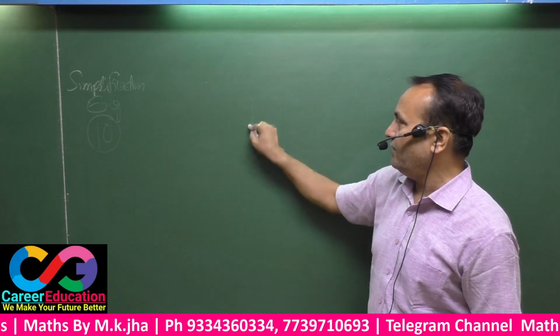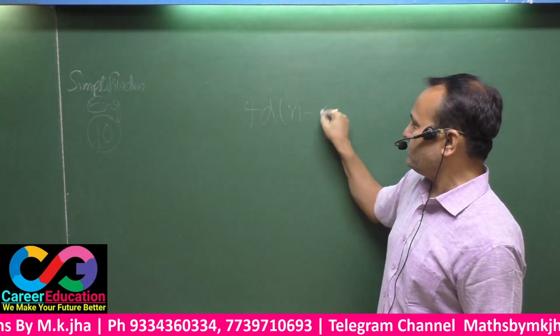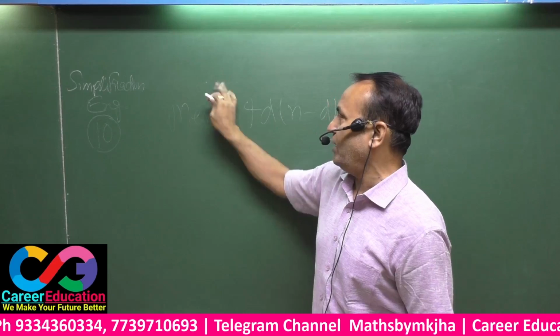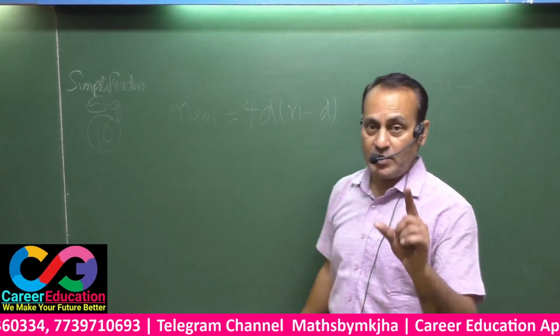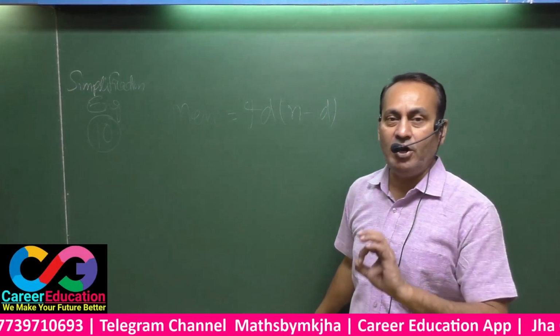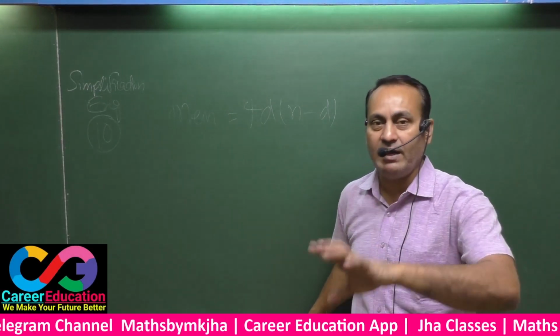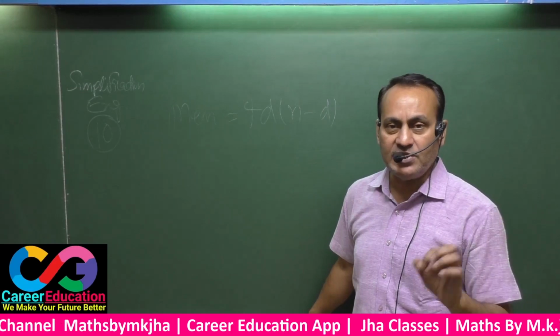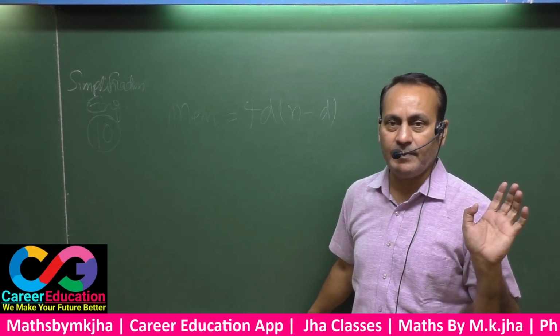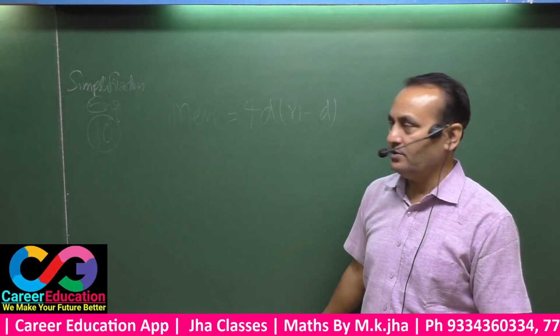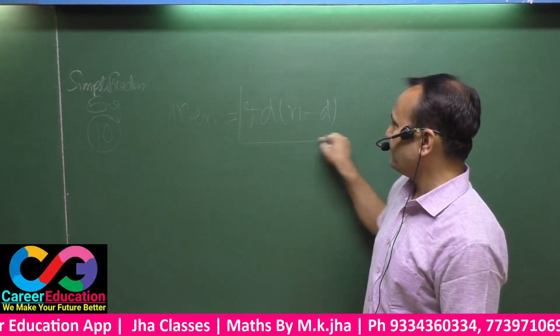The formula will be 4d(n minus d), number of persons, number of men, number of people, whatever it be, in a hollow square. You may write down the language as well. Write down: number of persons in a hollow square is 4d(n minus d).